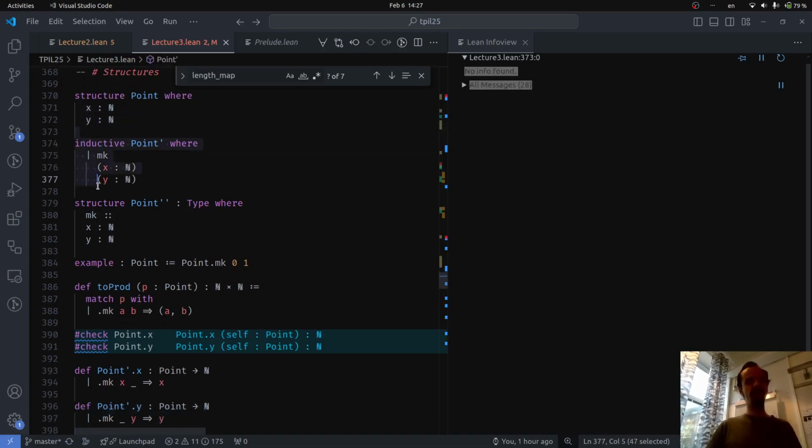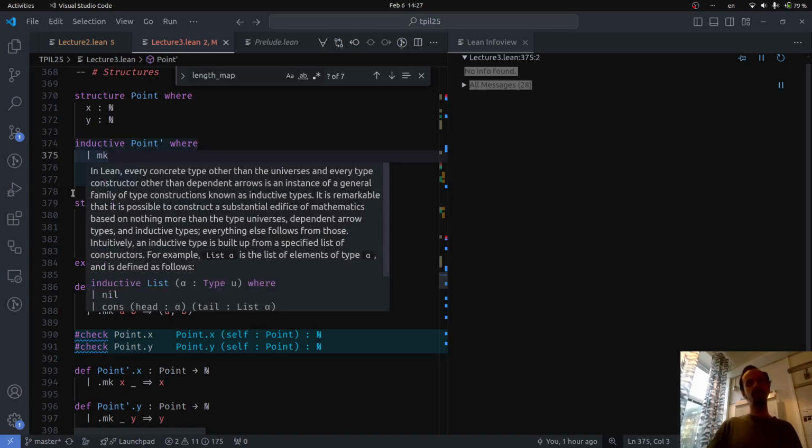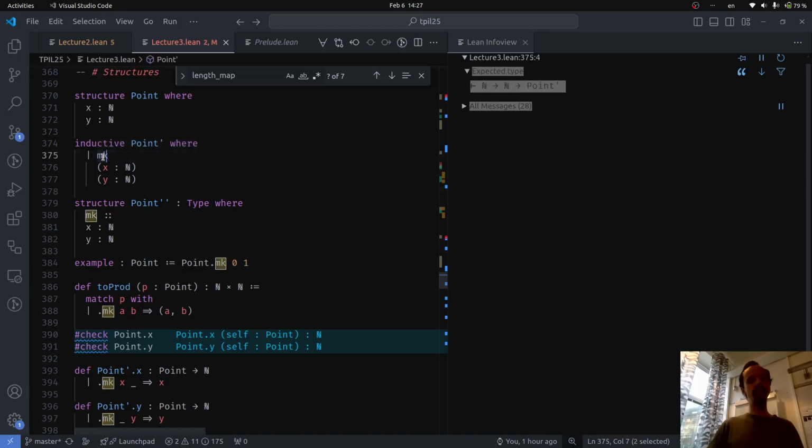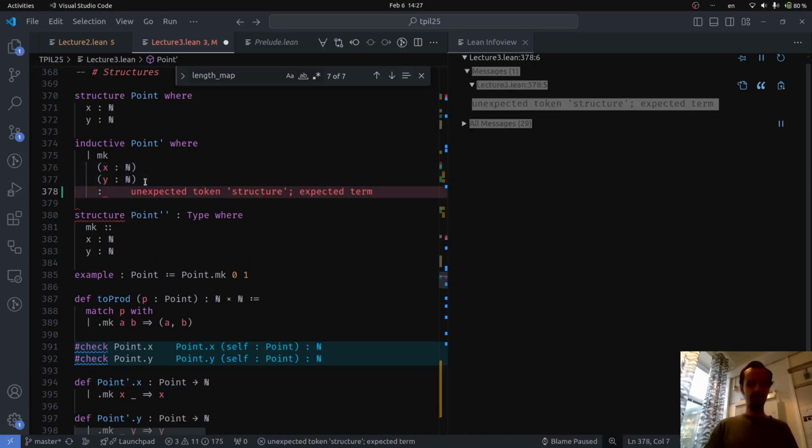And that's sort of equivalent to this kind of inductive. So not multiple constructors, but just one constructor called make, or mk, I should say. And all of the fields of the structure become the binders in this make, which is a function to point.